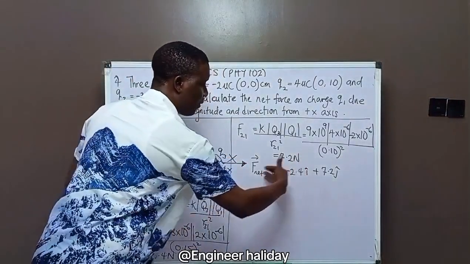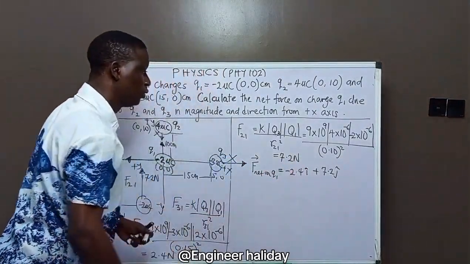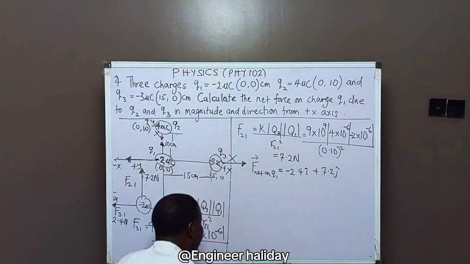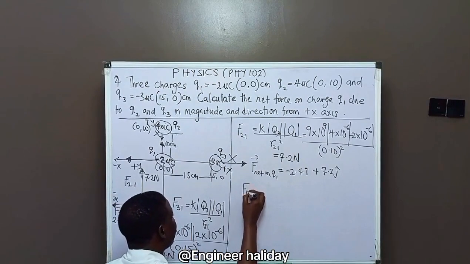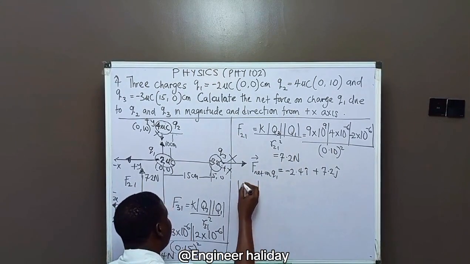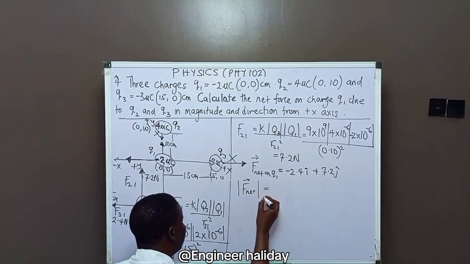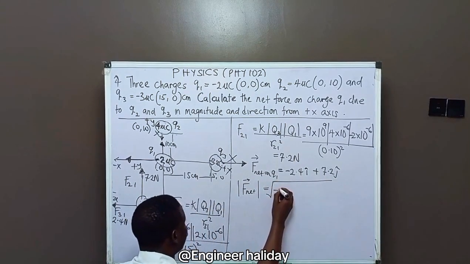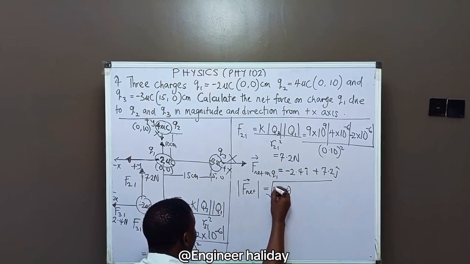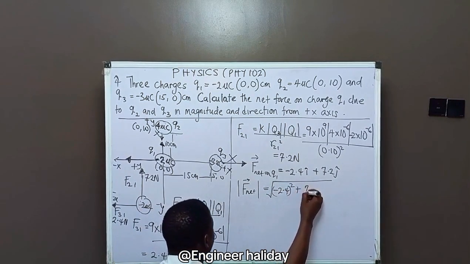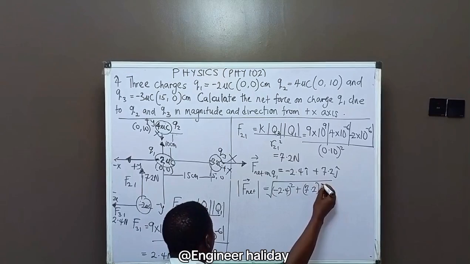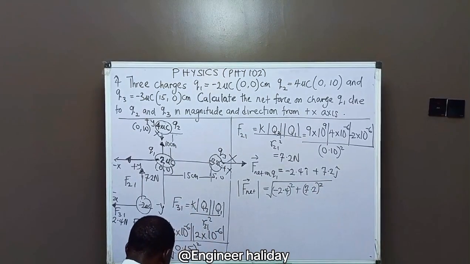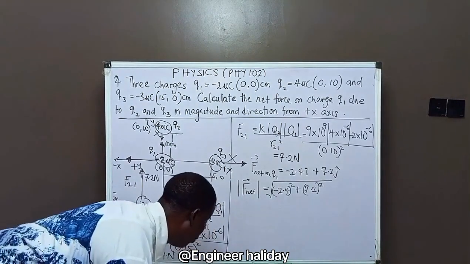Now we are going to convert this answer to magnitude and then to direction. So if you do that, we are going to have F net, absolute of the vector to become scalar, becomes square root of minus 2.4 all squared plus 7.2 all squared.